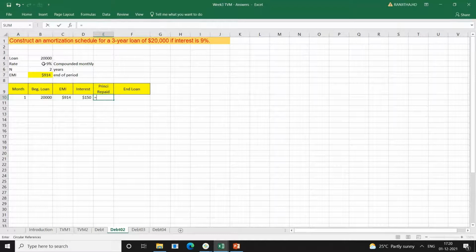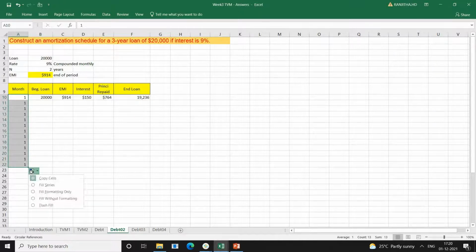So here I'll take this minus interest, and the loan amount minus principal repaid. 24-month.